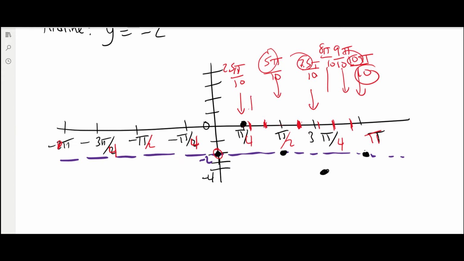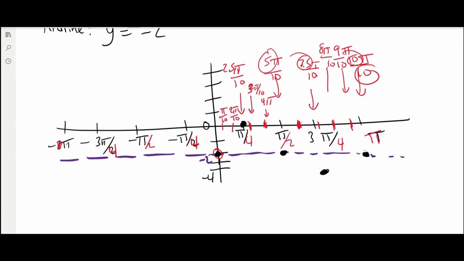So this right here is 2 pi out of 10. This is, I'm sorry, 3 pi out of 10. This is 4 pi out of 10. Hold on. This is 2 pi out of 10. And then this is 1 pi out of 10.